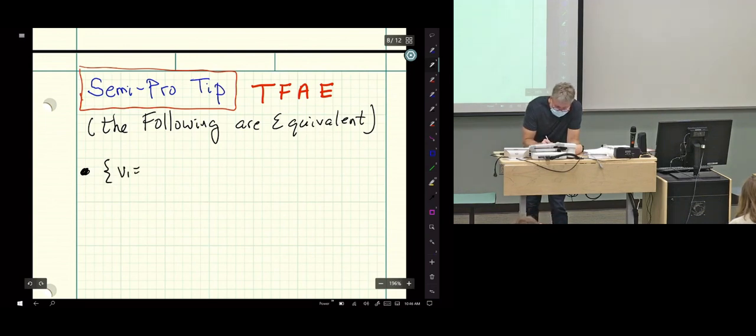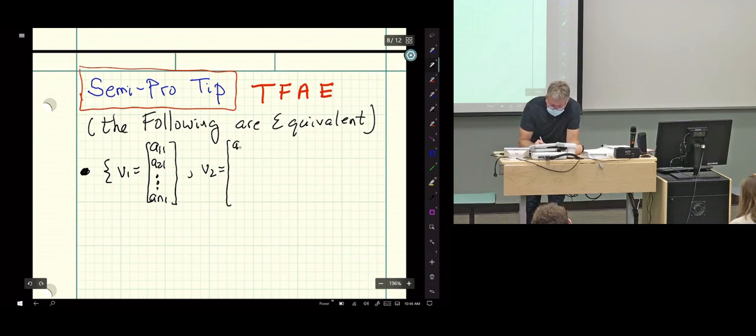The set of vectors V1, and I'm going to write them for a reason you guys already know, as if they were indexes into the columns of a matrix, because we love matrices. A12, A22, dot, dot, dot, AN2.